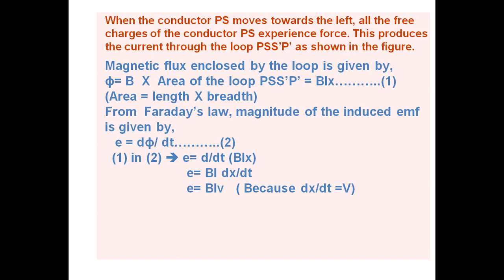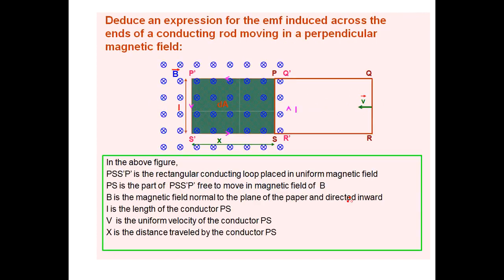So the current through the loop is present in PSS'P' as shown in our figure.